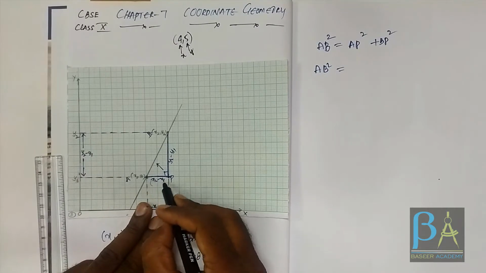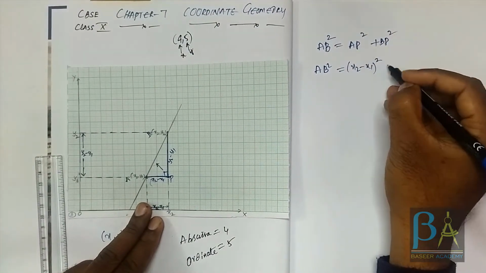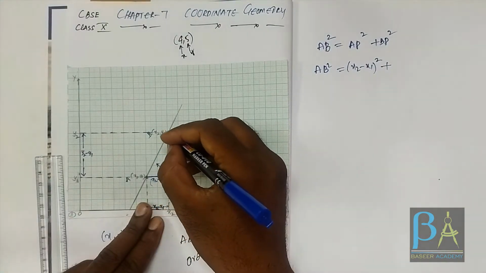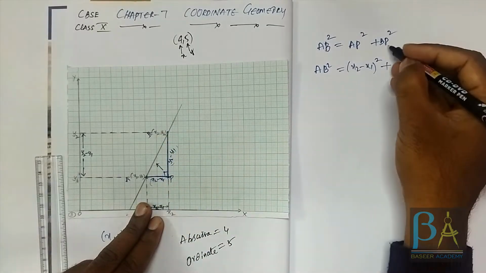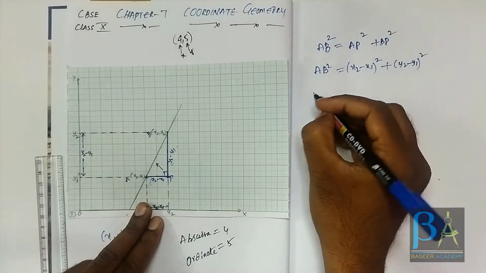AP is x2 minus x1. So in place of AP, let me write x2 minus x1 whole square. And BP, the distance between the points B and P, is y2 minus y1. So in place of BP, let me write y2 minus y1 square.